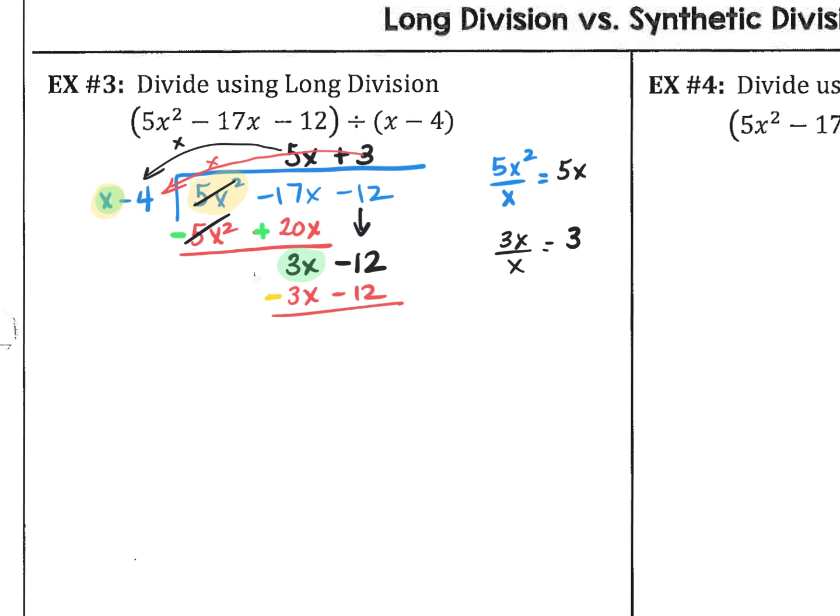So this becomes a negative, and the negative becomes a positive. So what happens to both of these terms? So what is my remainder here? 0. So when we rewrite this, guys, we know that 5x squared minus 17x minus 12 is actually equal to, what did we end up with up here?